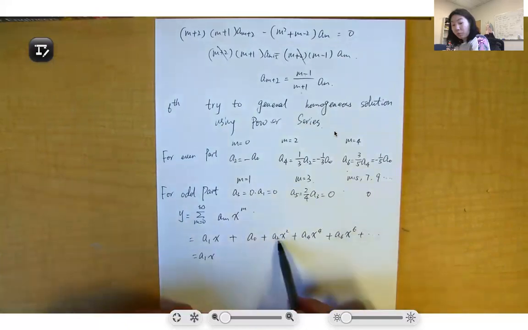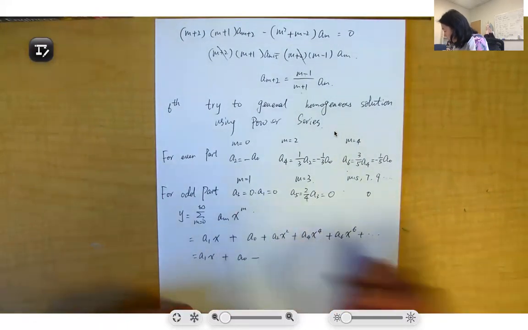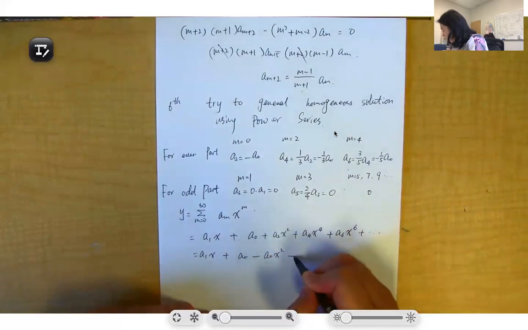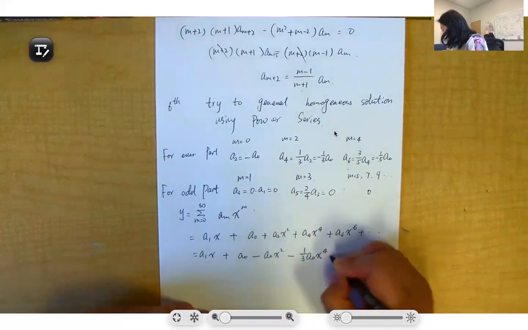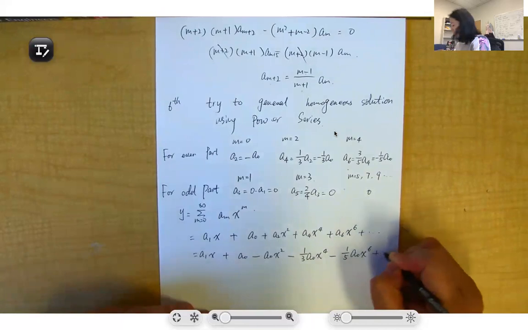Let's replace the coefficients with a naught: a naught minus a naught x squared minus 1/3 a naught x to the fourth minus 1/5 a naught x to the 6 plus and so on.